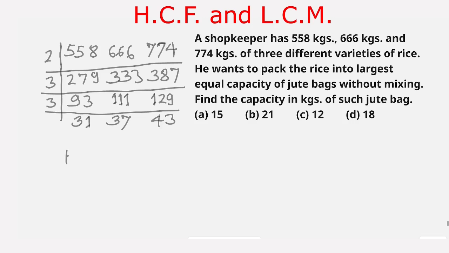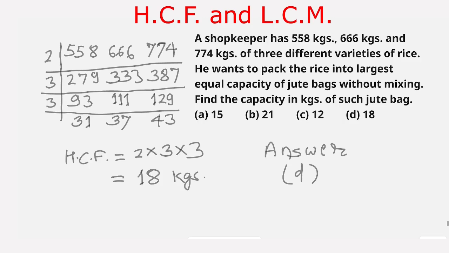Therefore our HCF is 2 multiplied by 3 multiplied by 3, equal to 18, and 18 kgs is the capacity of each jute bag. And from the given options, our answer is option D, 18 kgs. I hope you have understood the method of solving such type of questions.